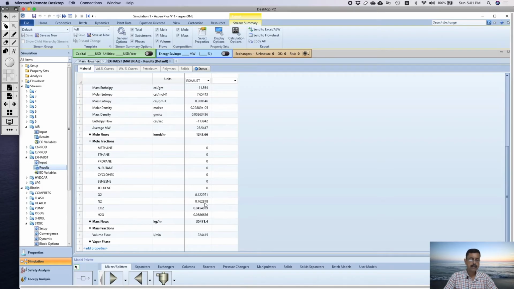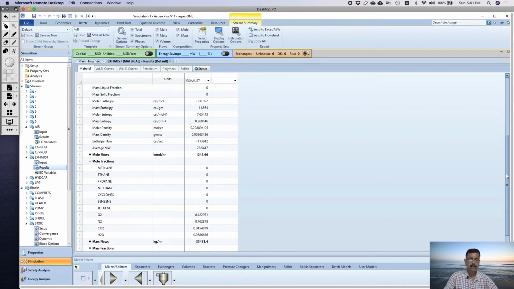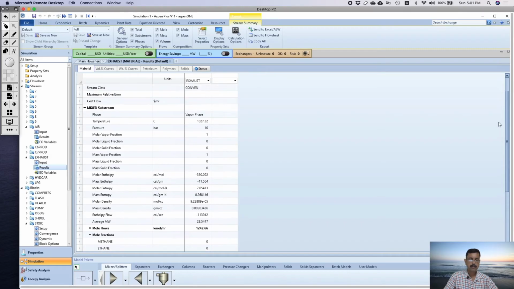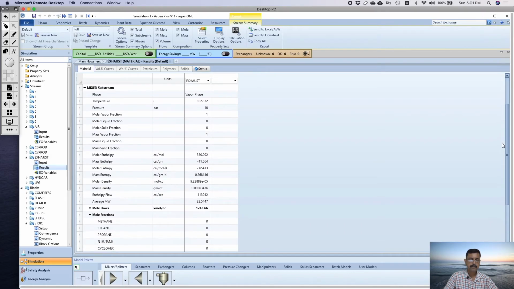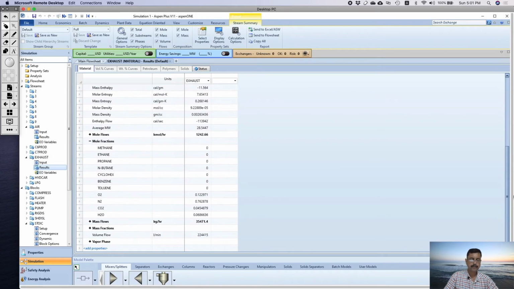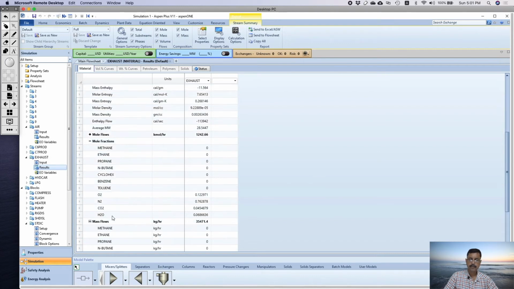If you see the mass fraction or mass flow rate, the role of nitrogen, you will see here.